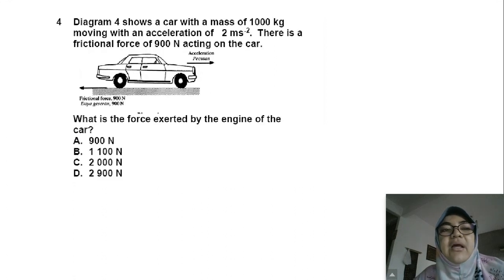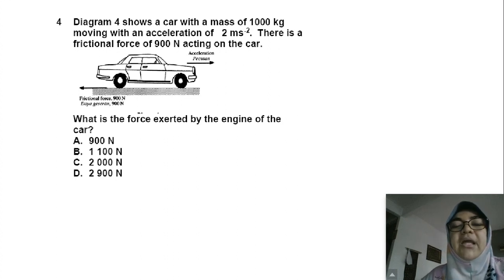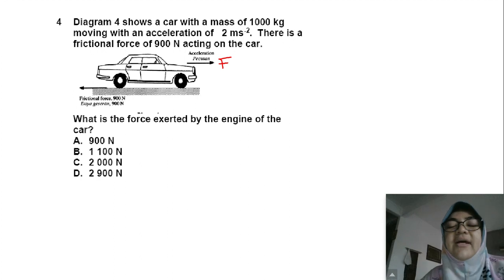Number 4. The diagram shows a car with a mass of 1000 kg moving with an acceleration of 2 meter per second per second. There is a frictional force of 900 Newton acting on the car. What is the force exerted by the engine of the car? Okay, so we want to know the force exerted by the engine of the car.